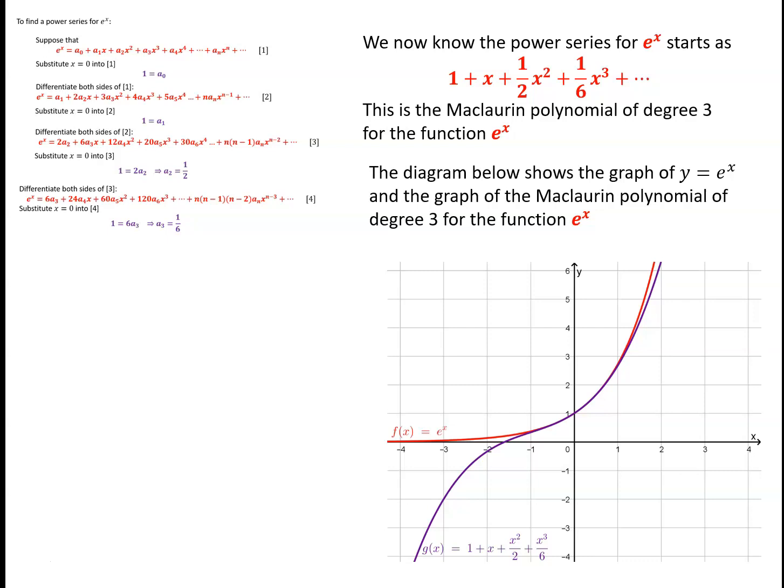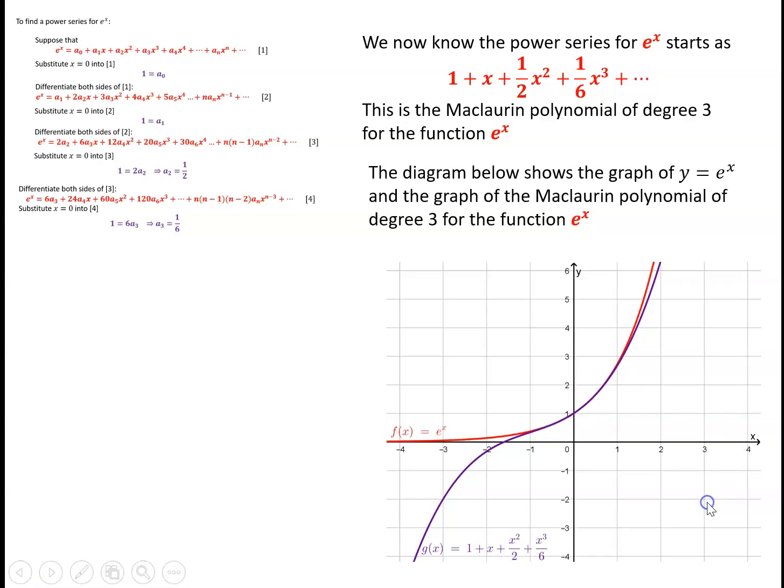And if we look at the graph of y equals e^x, together with the graph of y equals 1 + x + a half x² + a sixth x³, then we can see that for values of x which are close to 0, there is very little difference between the value of e^x and the value of 1 + x²/2 + x³/6.